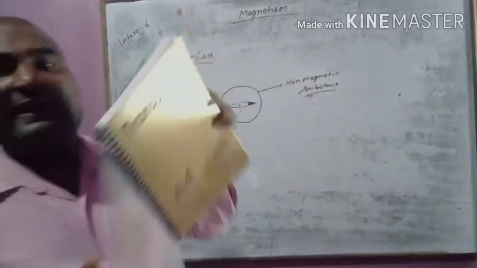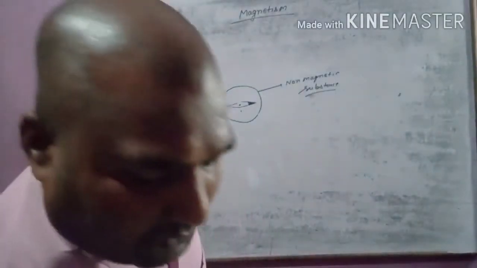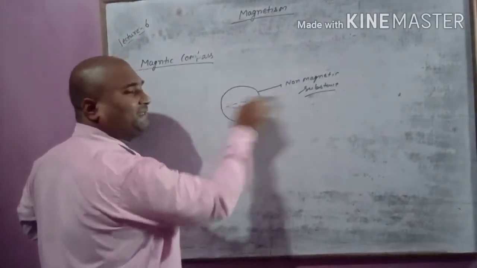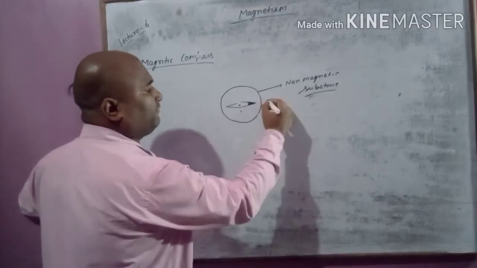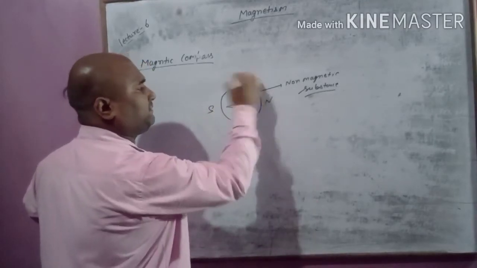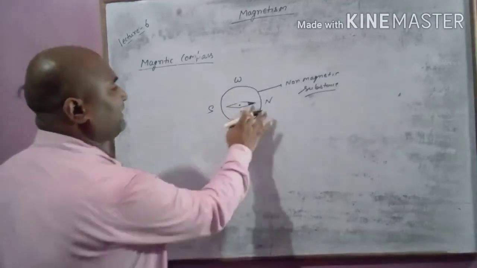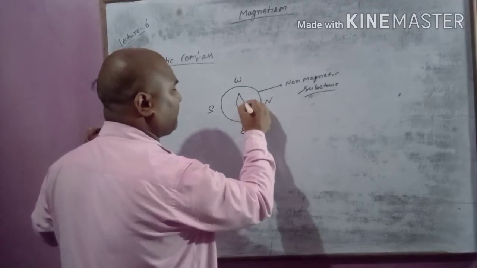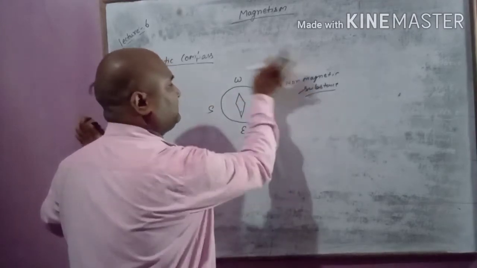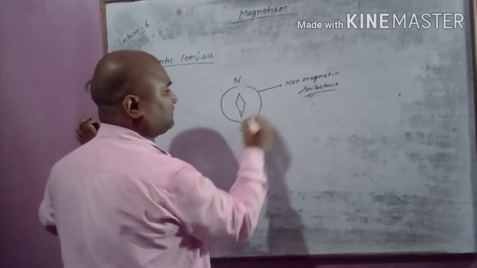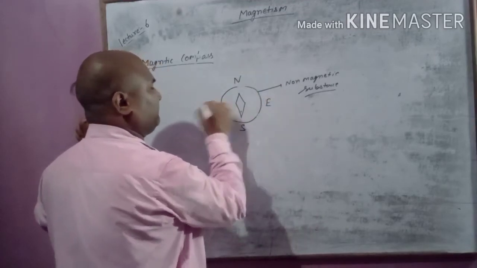So with the help of a compass you can find the direction. If the magnetic needle is pointing in this direction, we know this is north, this is south, then this will be east, this will be west. If the magnet is pointing in this direction, then from here we know this is the north, this is the south, this is the east, this is the west.